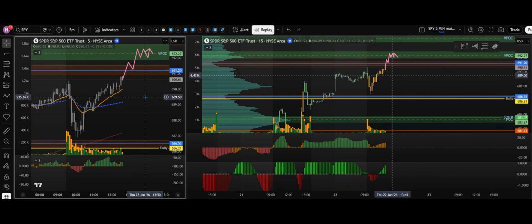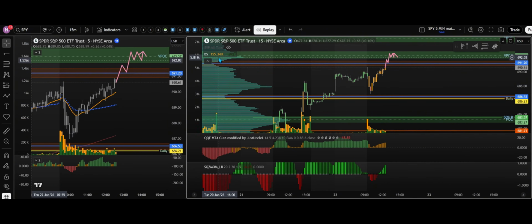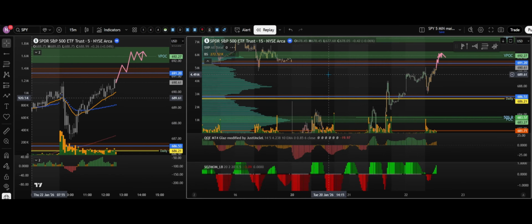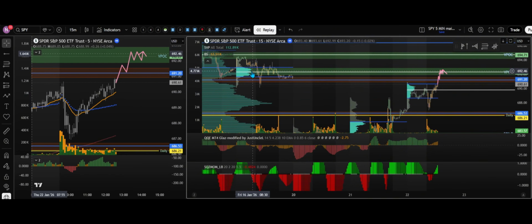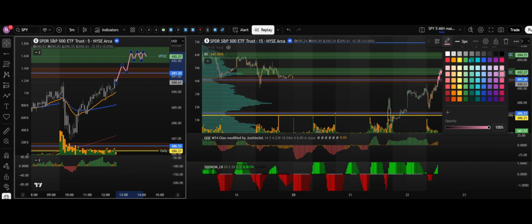If you guys want a video on virgin points of control, go check my last video, the smart money entry. I'm not going to fully go over it today, but it's basically a previous volume level in a previous day, the highest volume level that hasn't yet been tested, right? So that would be this one right here, if this low volume node does break.